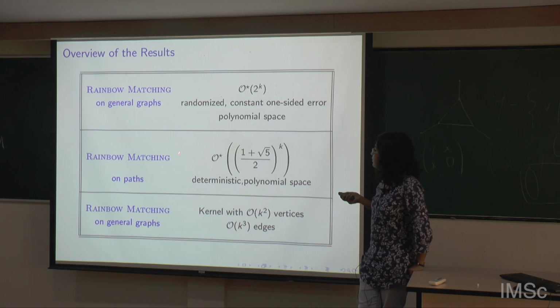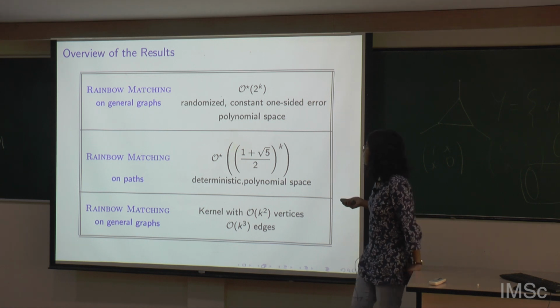The main two results we'll be talking about today are these: rainbow matching on paths can be solved in golden ratio to the power k time in deterministic polynomial space, and on general graphs we will look at a kernel which has a quadratic number of vertices, on the order of q squared.